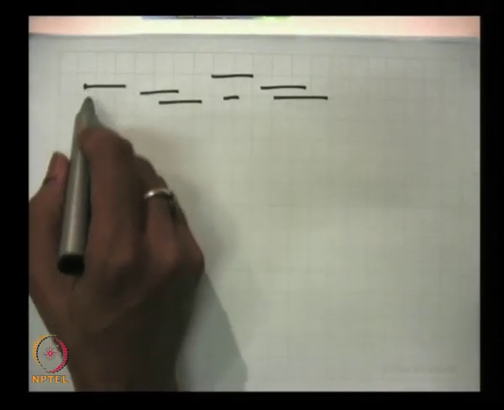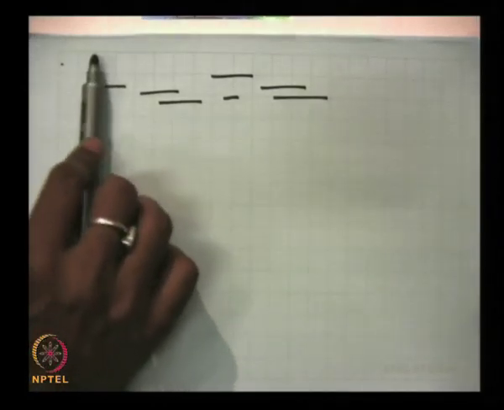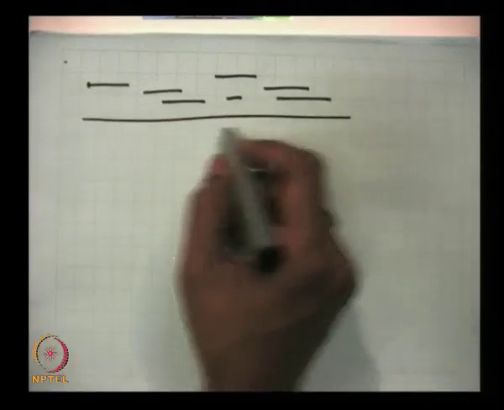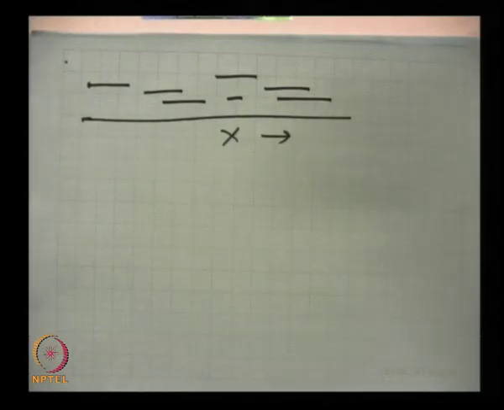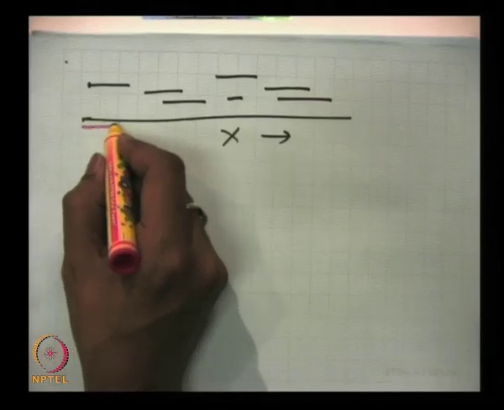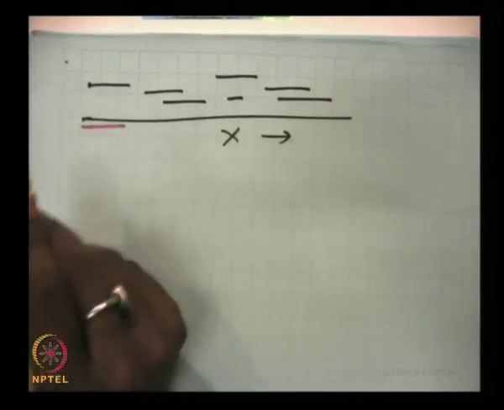So, as we start sweeping, this is a one dimensional problem, but I can just start walking along the x axis. This is my x axis. You can simply start walking. Okay. So, we picked up this leftmost interval, and we keep track of the fact that we have picked up some interval.